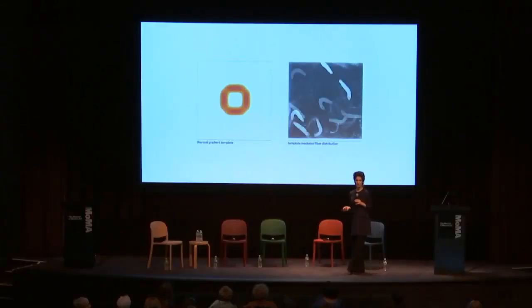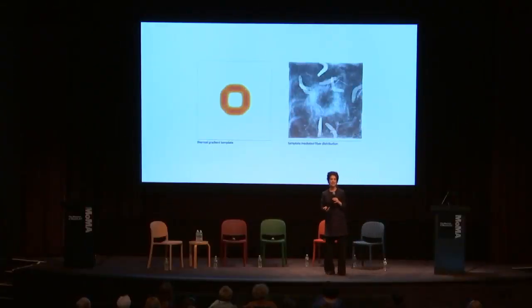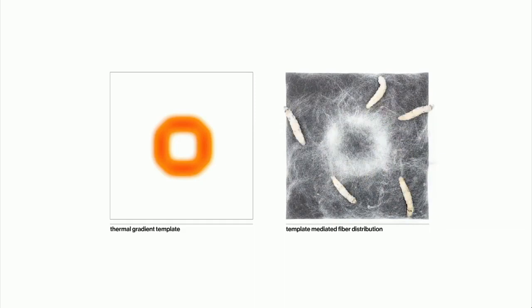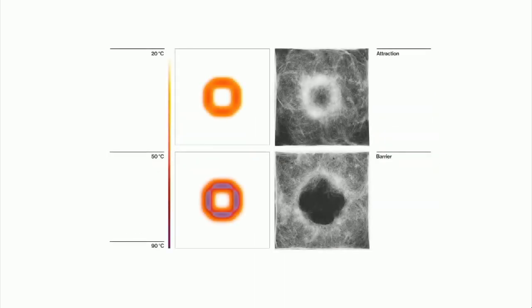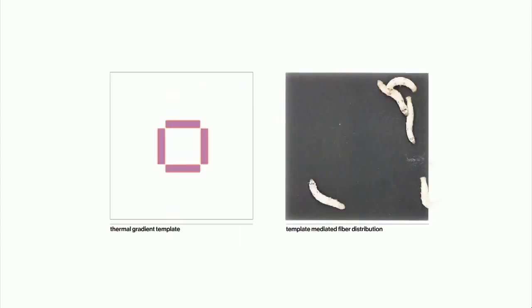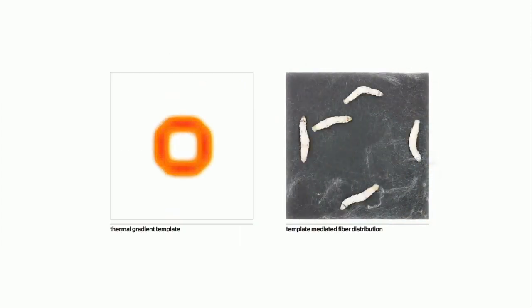So the Silk Pavilion, which many of you know, was a 3-meter diameter pavilion that was designed and built using, is the wrong verb, inviting 6,500 silkworms to spin an architectural dome with us.